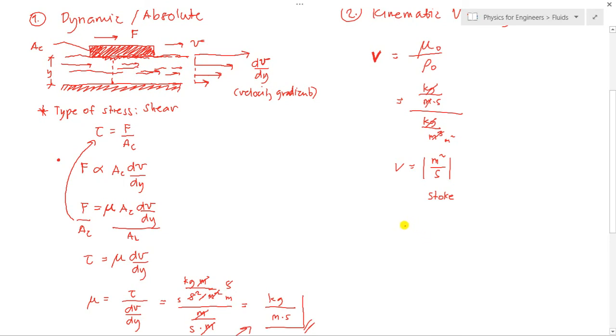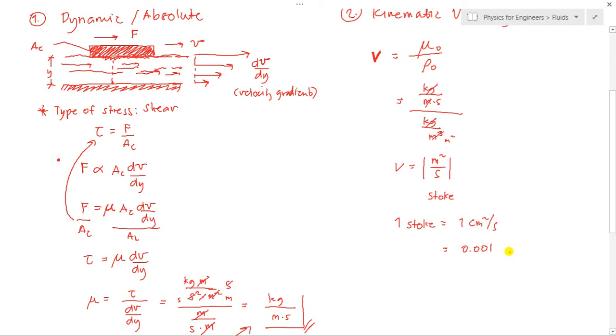So naay conversion ani from Stoke to meter squared per second, because 1 Stoke is equal to 1 cm squared per second, or kung atong i-convert into meter, that is 0.001.